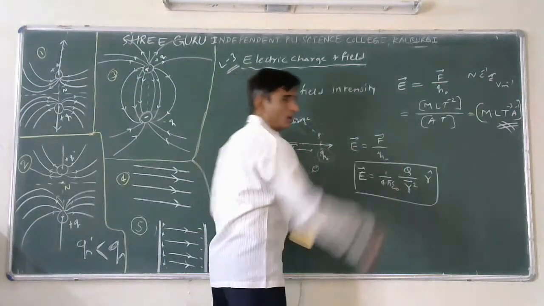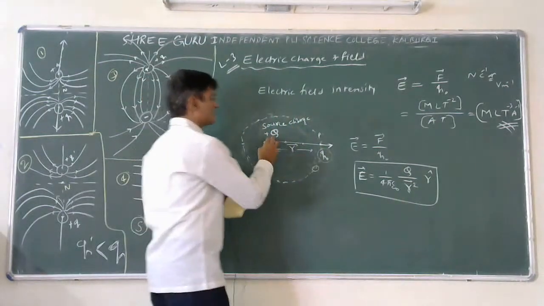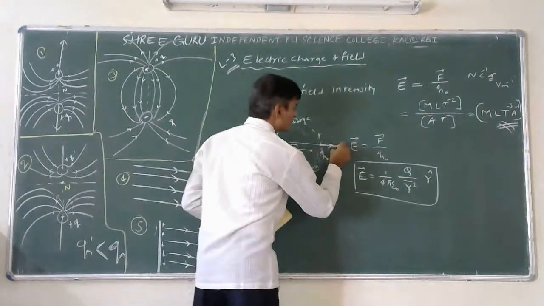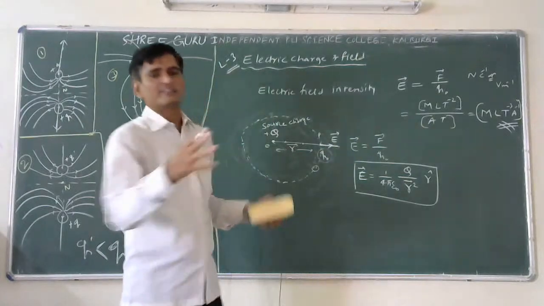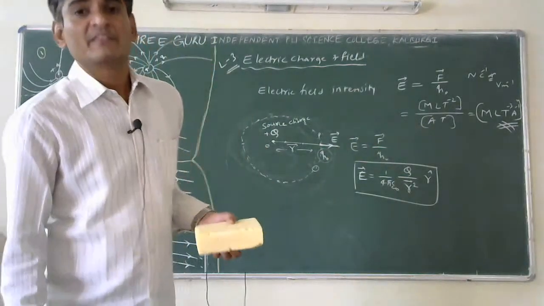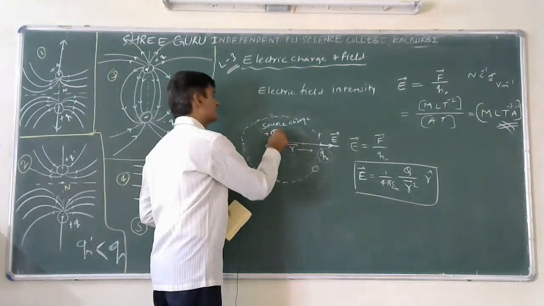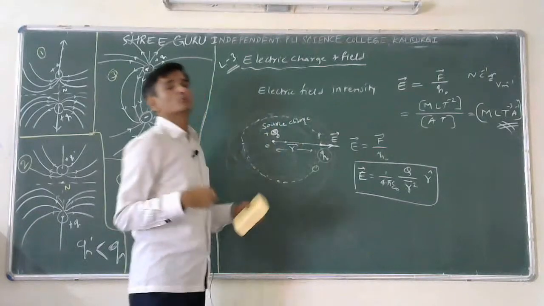That is, the force will be outward, because this is positive and this is positive, so they repel each other. So the direction of the electric field intensity is outward due to a plus Q charge, a positive source charge.